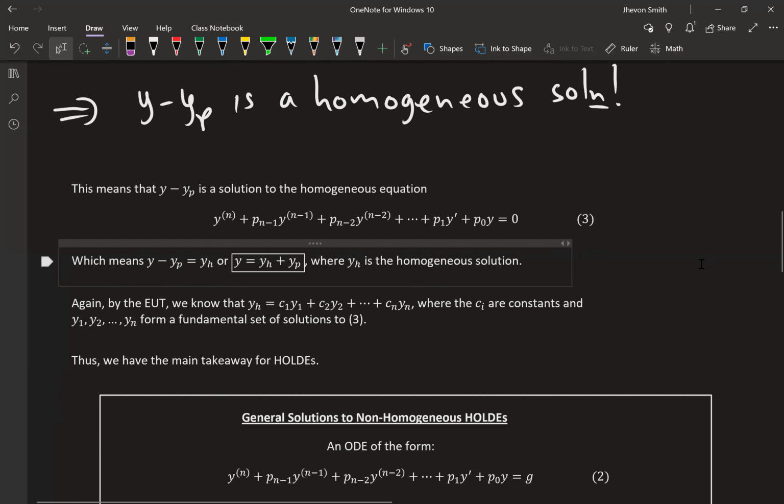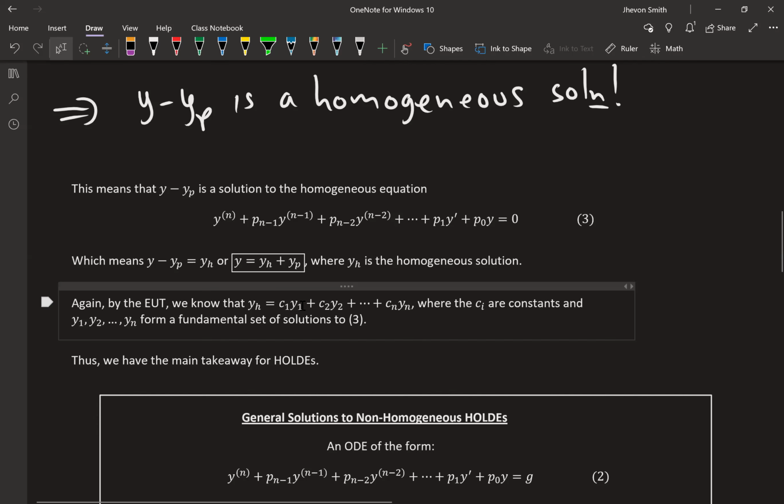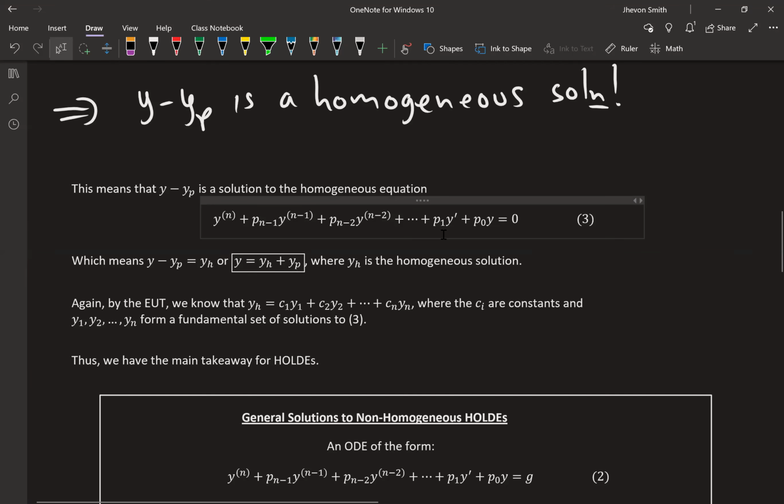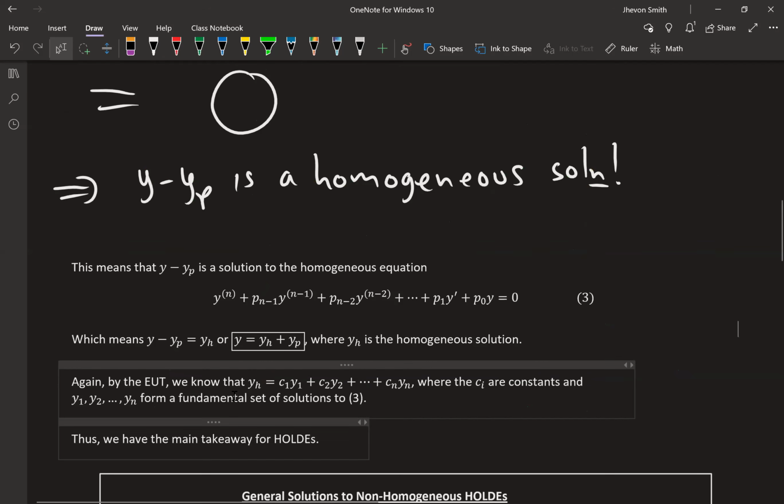The general solution to a non-homogeneous differential equation has the form y sub h plus y sub p. Your y sub h is the homogeneous solution, which I already talked about how you guys would find. So that guy has the form c1y1 plus c2y2 plus dot dot dot cn yn. And then plus yp, which is a very specific solution that you could find for the non-homogeneous version.